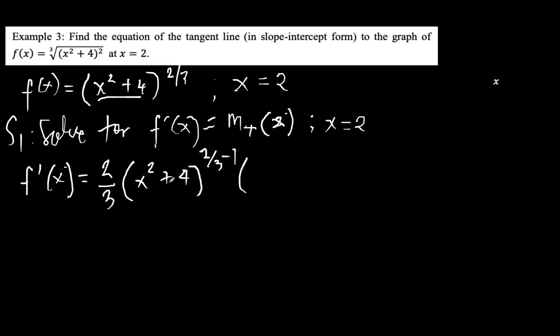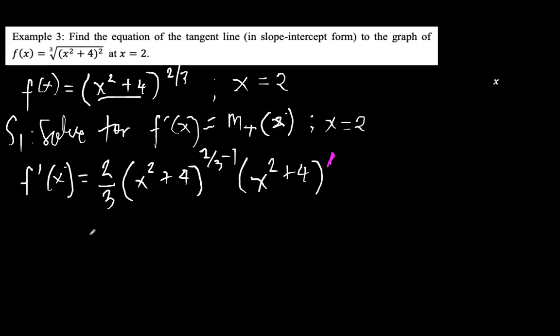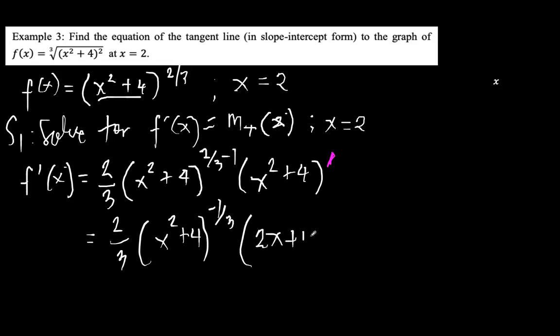Don't forget to differentiate the base, x squared plus 4, and put the symbol for differentiating that base. So don't forget this, guys. So we have 2/3 times x squared plus 4 raised to negative 1/3 times 2x plus 0.